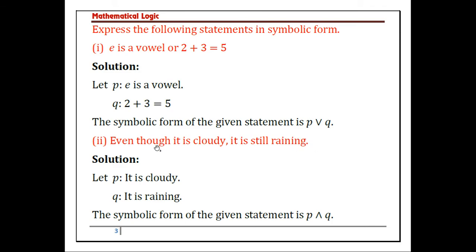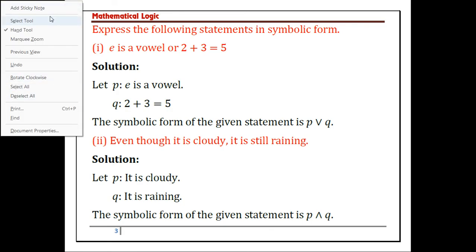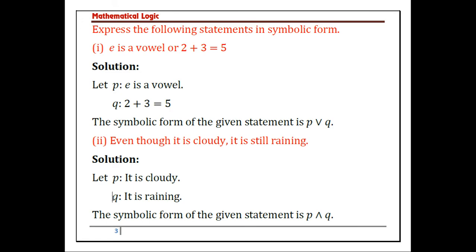Since though is similar to and, we have to remove this even though first, and then the two statements are: first, P, it is cloudy; second, Q, it is still raining. Since even though is similar to the word and, we have to use the symbol of and here. Then the symbolic form of the given statement is P and Q.